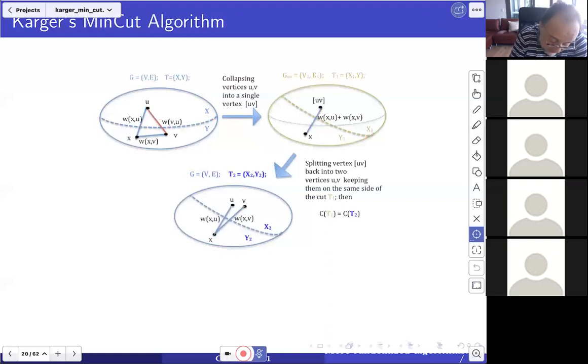assume that this partition now is the min cut in the new graph. Well, notice now the following. If I take this fused vertex and unfuse it, right? If I split U and V back into two vertices, but I keep them on the same side of the min cut in the collapsed graph, so that they both belong to the same partition.